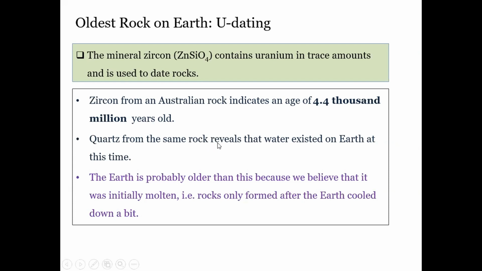The quartz from the same rock reveals that water existed on Earth at that time. So Earth is probably older than that, and we believe that it was initially molten. The rock formed after the Earth cooled down, and therefore, roughly speaking, Earth is more than 4.4 thousand million years of age.